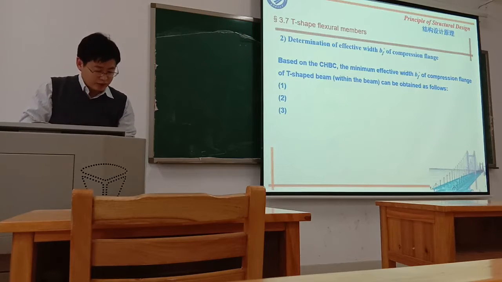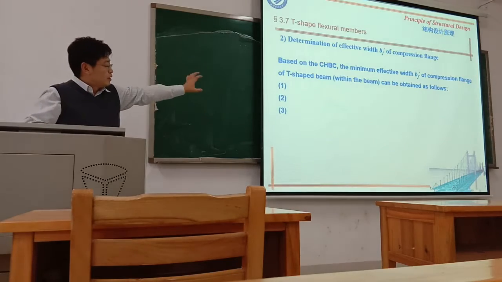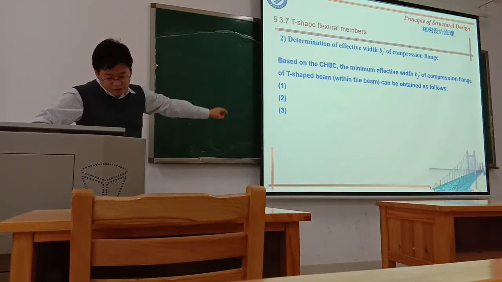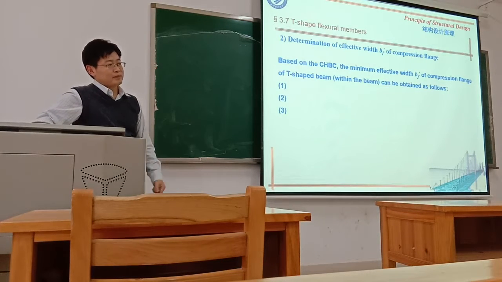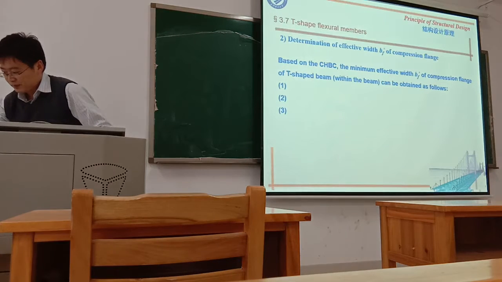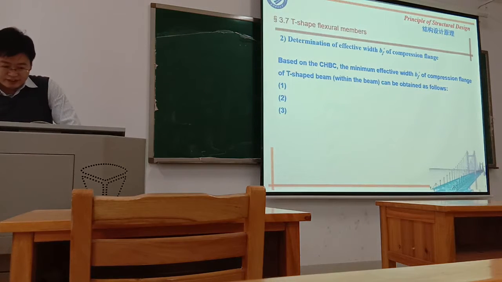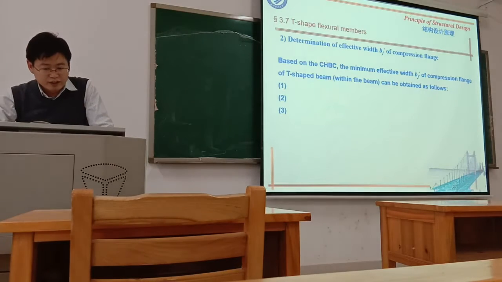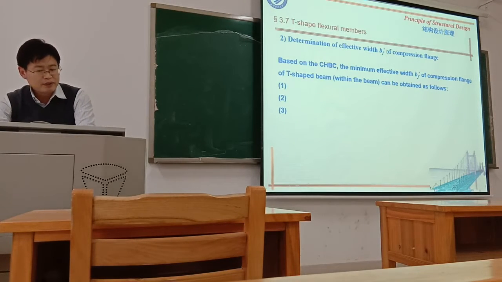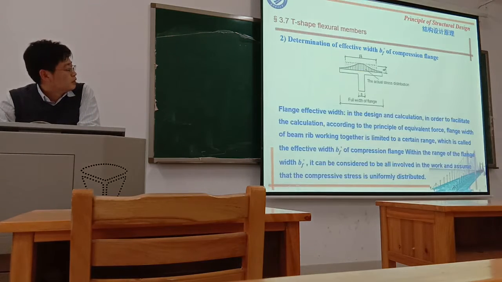For three different situations, you go this way, and you compare these three values and use the minimum one. So this is the effective width B F prime. We use this B F prime to calculate the compression force.